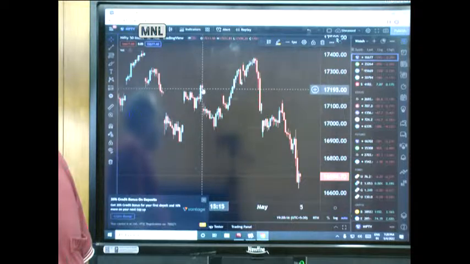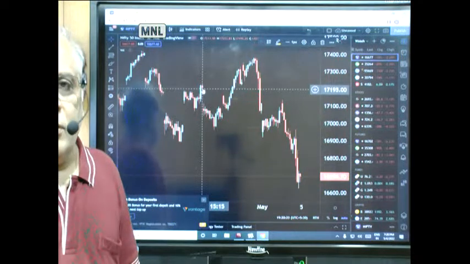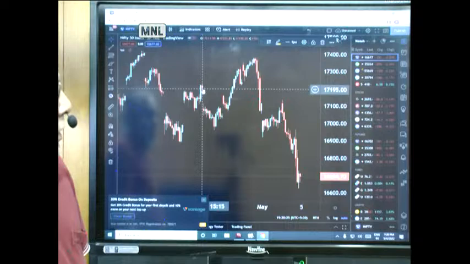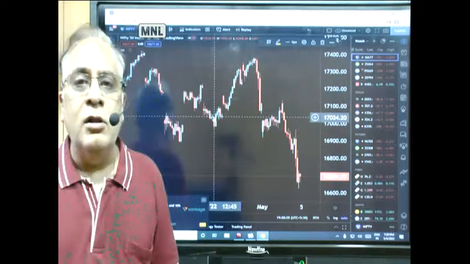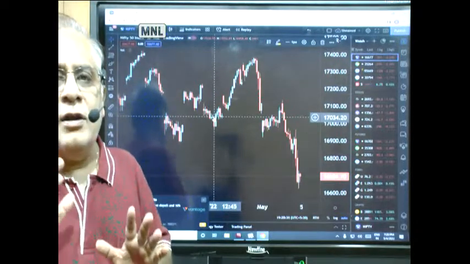So the close should be something like 16,995 or so. So we've got a fall which is slightly below that. So we must be careful when it exceeds the volatility of the particular day. So we should be in a position to take the profit on that basis.